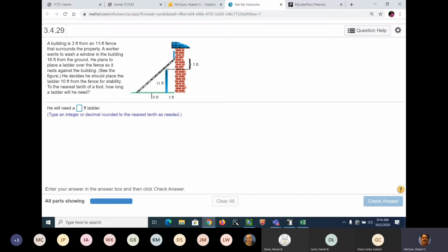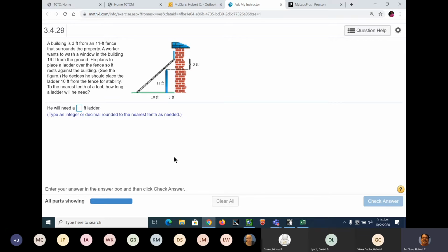Okay, I'm looking to see what we have. So we've got 11 feet and 5 feet. That's 16 feet and 13 feet. So this is Pythagorean Theorem. Looks like to me it's the Pythagorean Theorem.